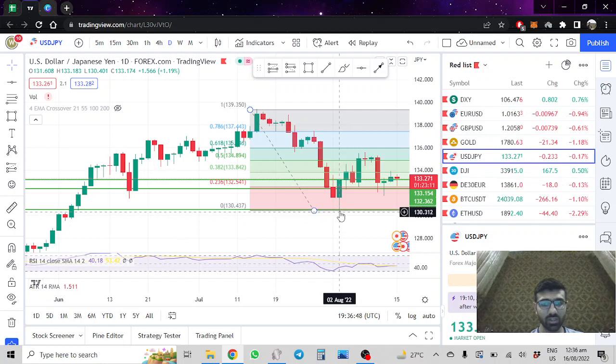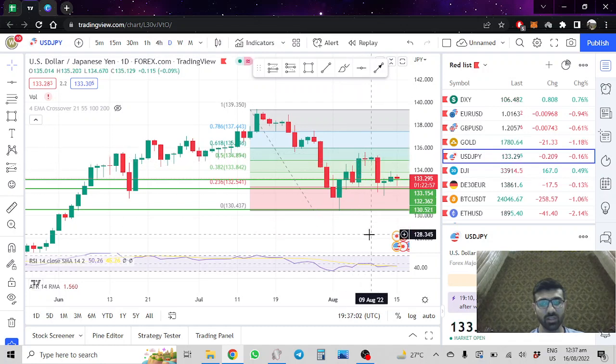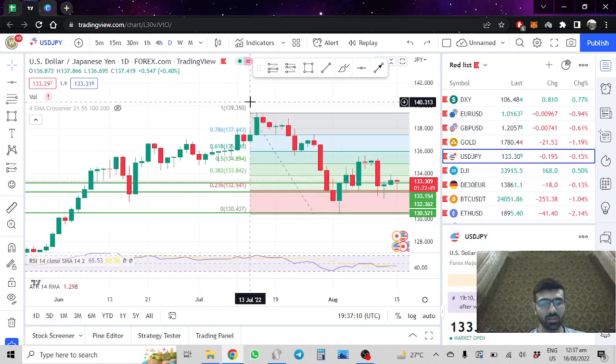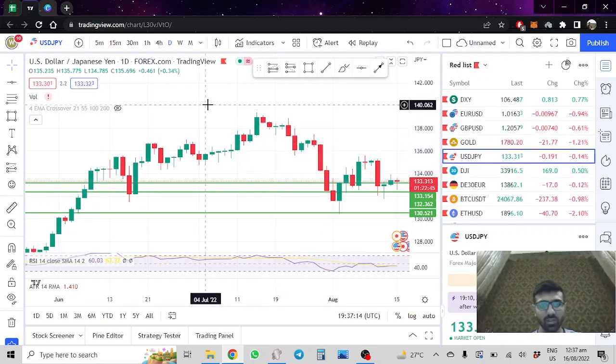The market showed us a bottom level over here, and the 0.5 Fibonacci level is here. The 50% retracement has been done already, and once again the market is going down and testing this area. I'm gonna remove this Fibonacci.